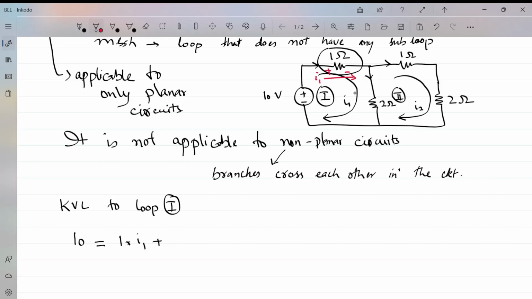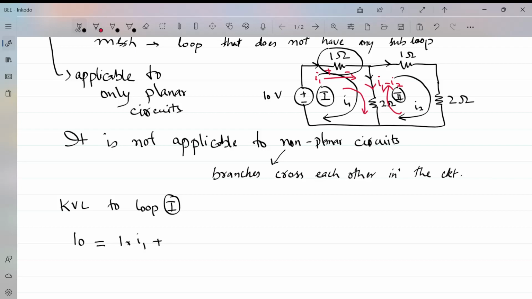Now what current is flowing through this 2 ohm resistor? We have to see the drop across this 2 ohm resistor to complete our KVL equation. Now I1 is flowing in this loop, but I2 is flowing in this loop in this direction. So the total amount of current actually flowing through this 2 ohm resistor is I1 minus I2.